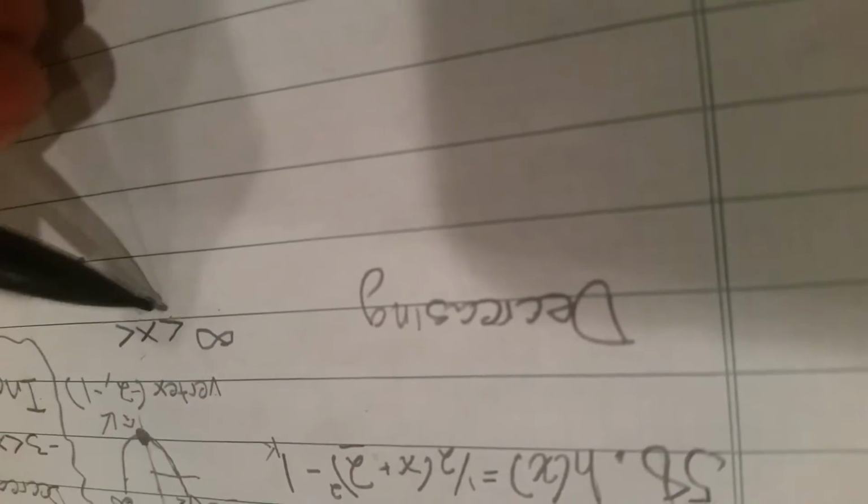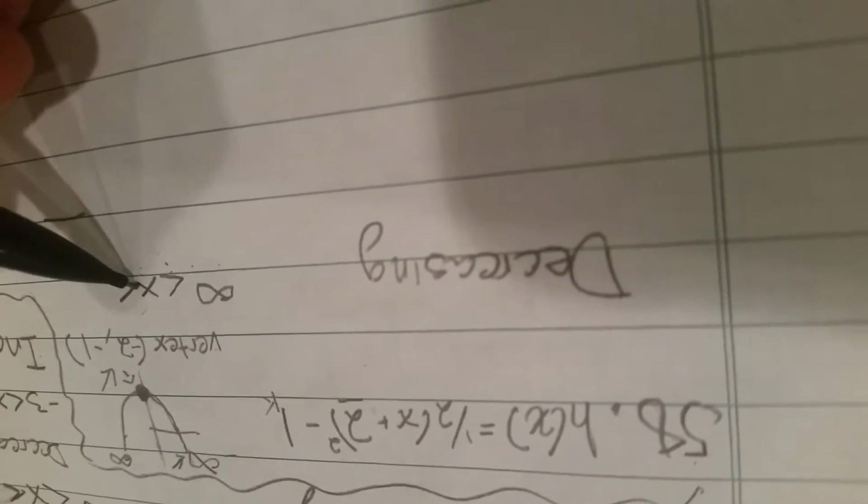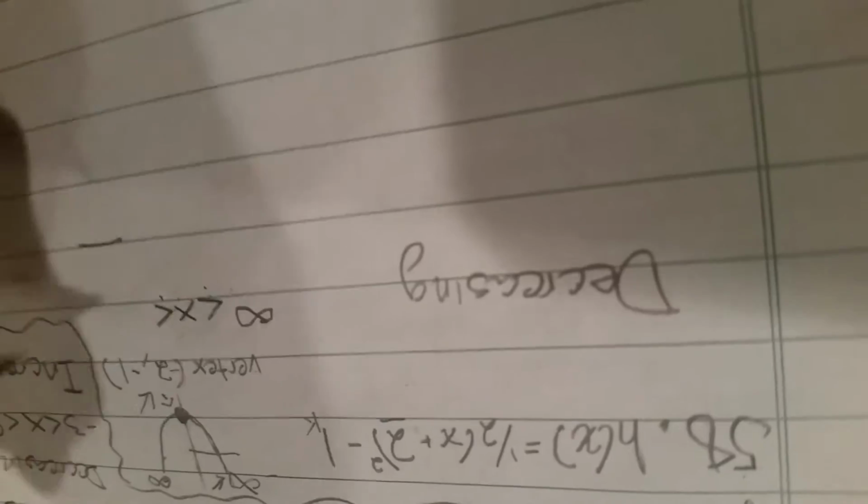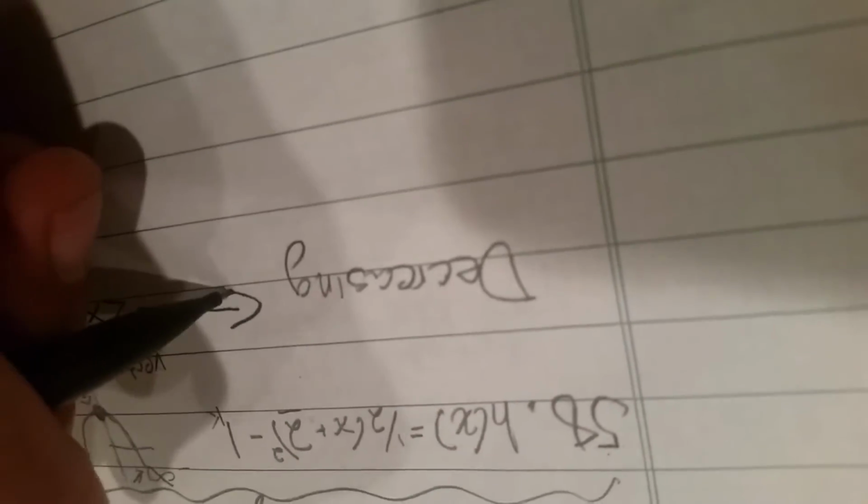So any number that is greater than infinity, but less than, any number less than -2 is decreasing.